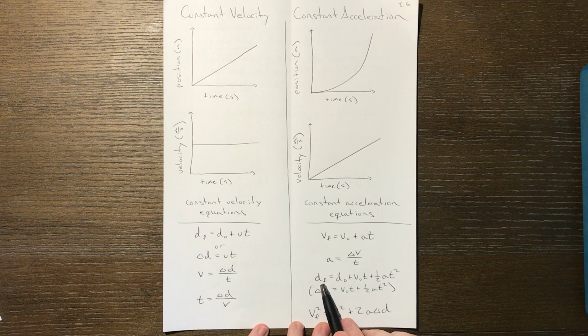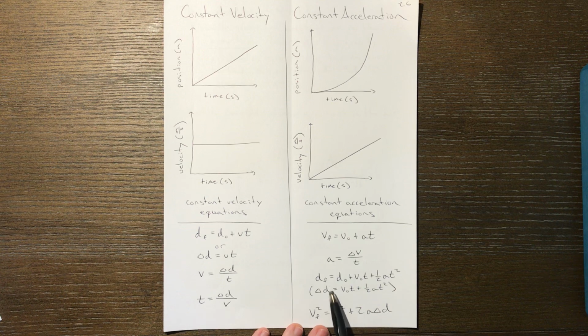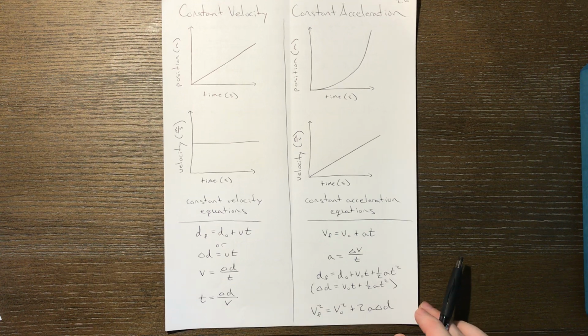Your final position depends on your initial position plus how fast you are initially moving, plus a term that involves your acceleration and time squared. So where you end up depends on where you start, how fast you're moving, and how you're accelerating. And again, if we wanted to instead represent this with displacement, we could move that initial over, subtract that piece over, and we have displacement equals v naught t plus 1/2 at squared.